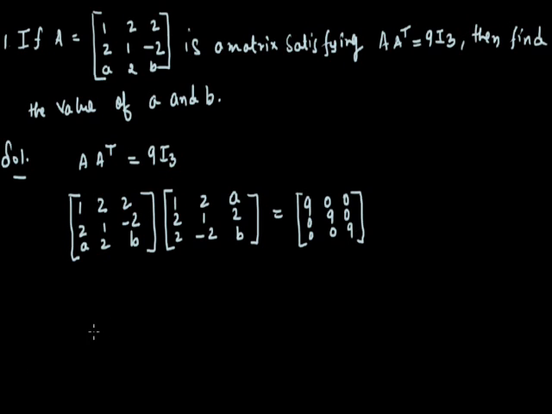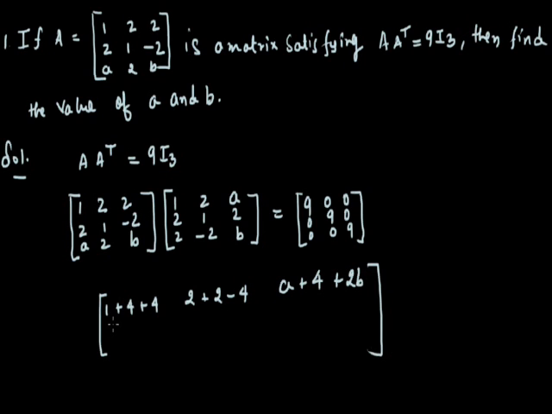So when we multiply these two matrices, the first element is 1 plus 4 plus 4. Now second element 2 plus 2 minus 4. Now this is equal to a plus 4 plus 2b.